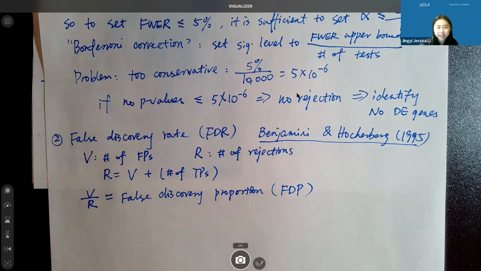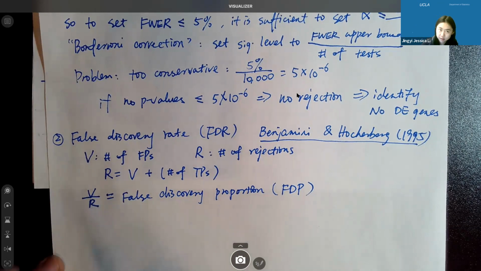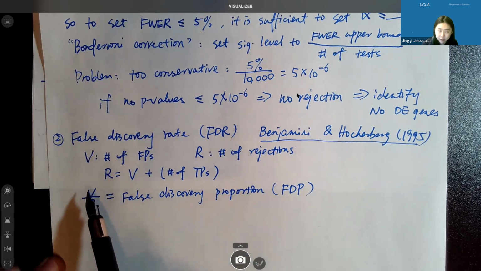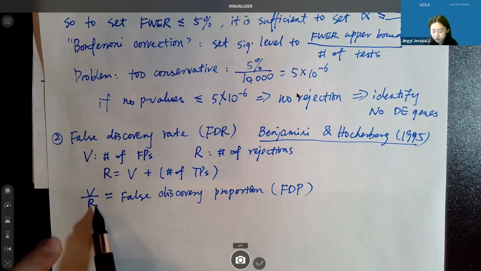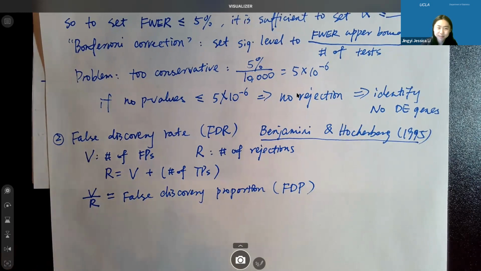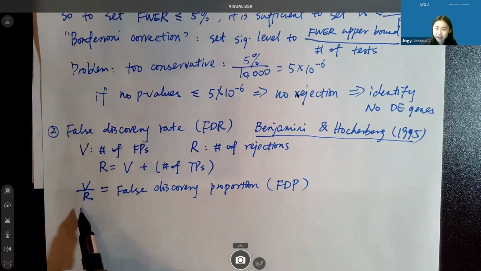There's no more randomness introduced by the rejection. Then all the randomness comes from the data, which means that the number R and the number V would change if you collect the data another time. So following the same experimental procedure, I get a sample, you get a sample, we apply the same, say, differential expression method, then my V and R and your V and R will be two different sets of numbers, right? So our ratios will also be different.